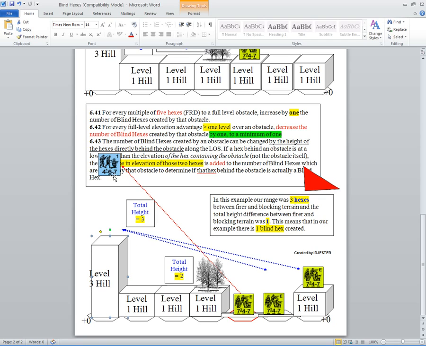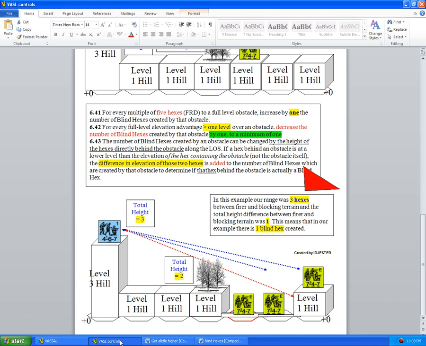And if you have lower level terrain than the obstacle hex, you're actually going to add that in because it's going to be harder for them to see the units behind, because they're at a lower level, which makes sense.